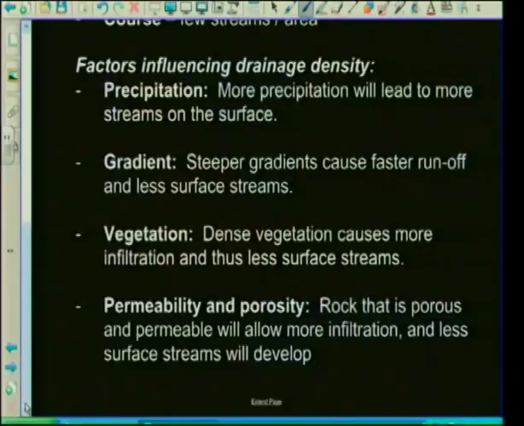If there are fewer streams on the surface, it's going to give us a coarse drainage density. Permeability and porosity: a rock that is porous and permeable allows for more infiltration and fewer surface streams will develop, once again resulting in a coarse drainage density.